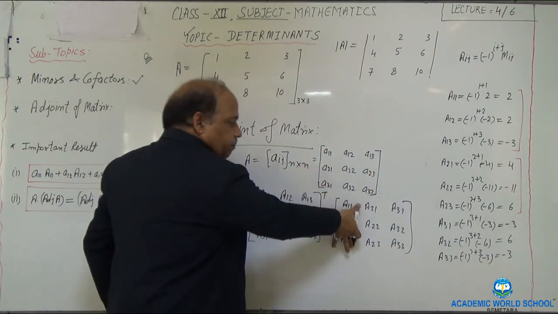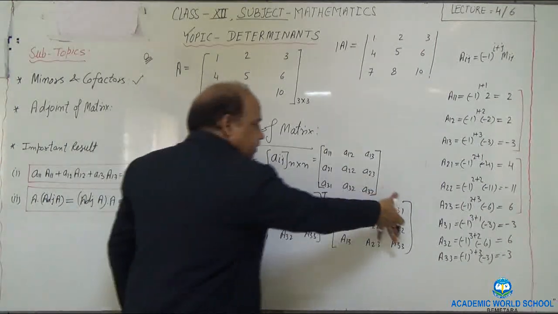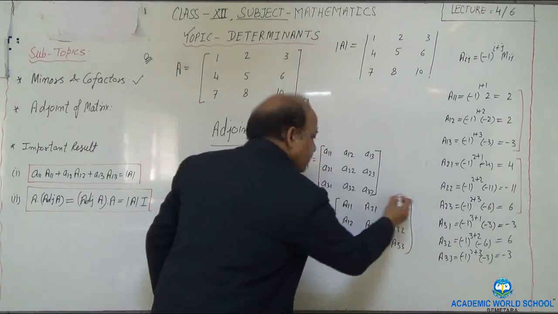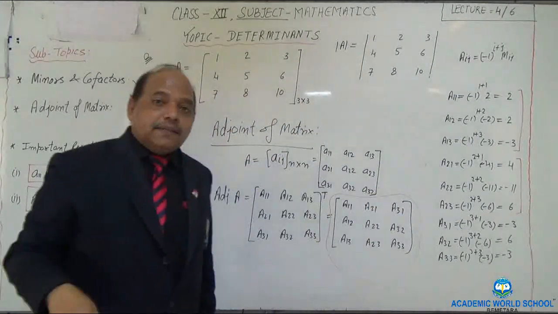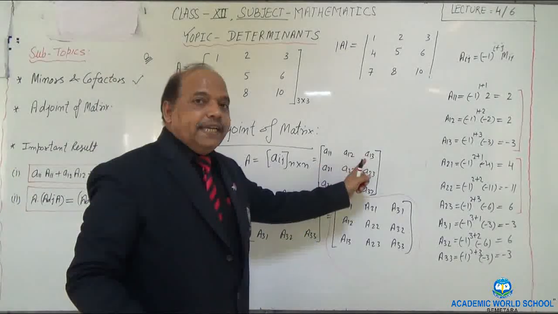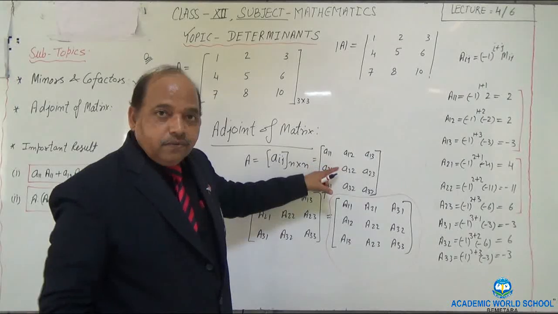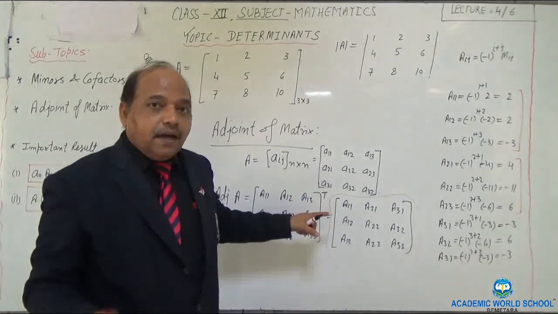Understand? First row became first column, second row became second column, third row became third column. Now this matrix, what is that? It is made of cofactors, the cofactor of the corresponding element. So what have we done? The matrix which was given, first we constructed a matrix of cofactors. How?